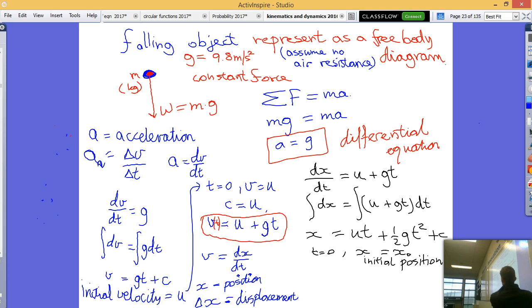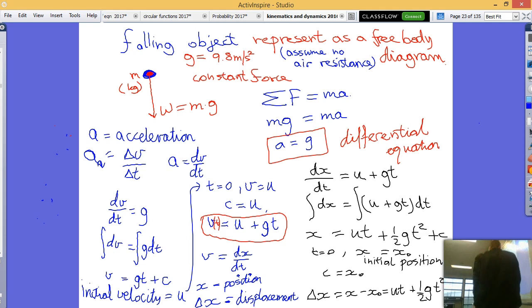Let's do this substitution, t equals 0 in all your terms, and I obtain that c is equal to the initial position. And we end up with this by making use of our integration constant c.